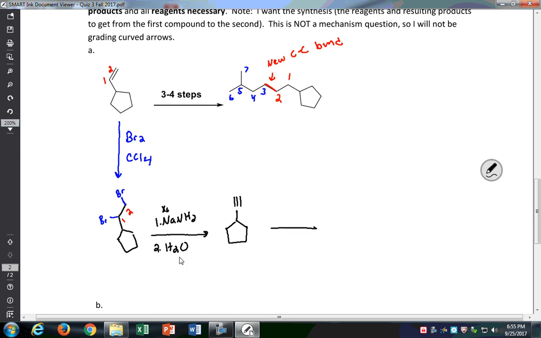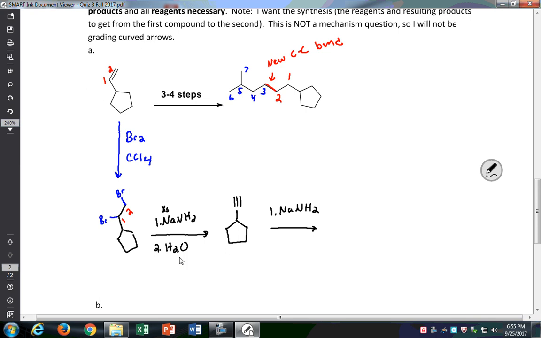So I'm going to, again, add some NaNH2, again a bit in excess. We want it to fully deprotonate. And now I'm going to add my alkyl halide. So my leaving group needs to be on which carbon? Where is my new carbon-carbon bond?